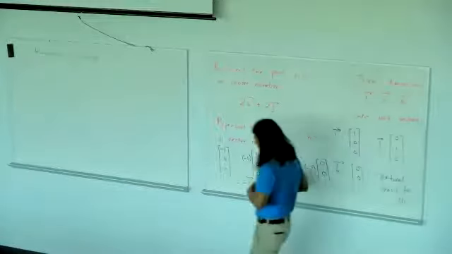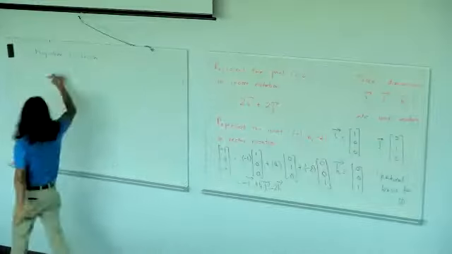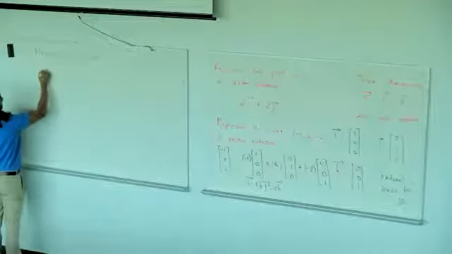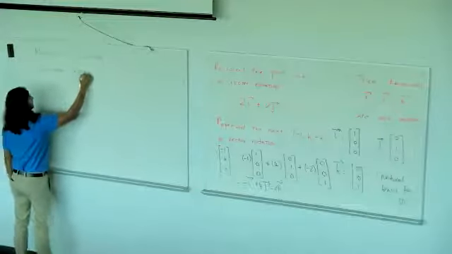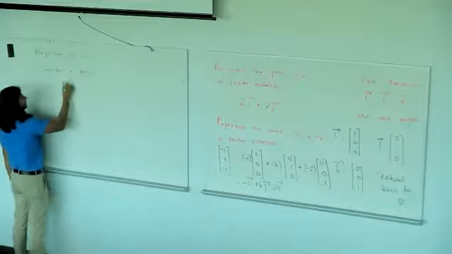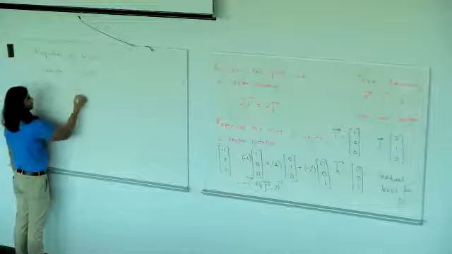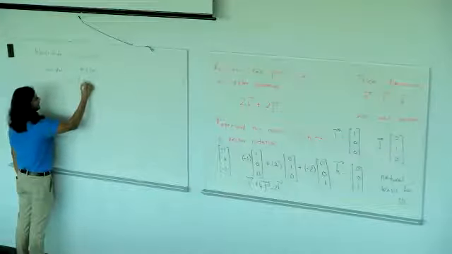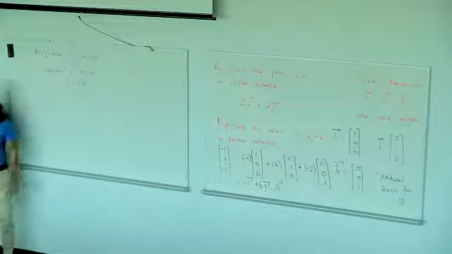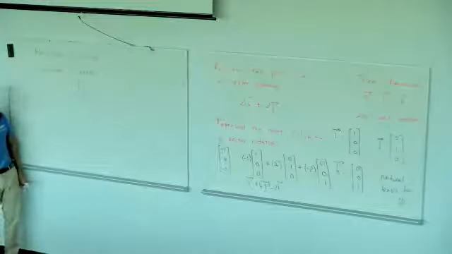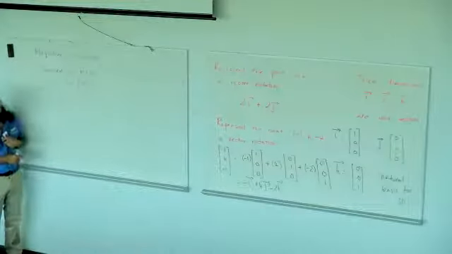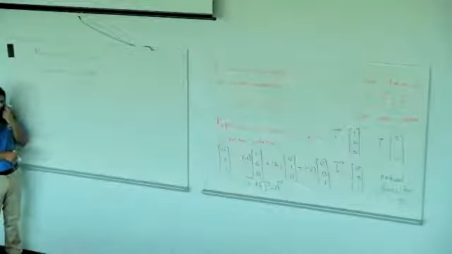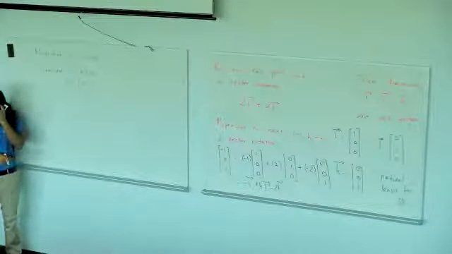Suppose I have a vector V, which is A, B. Good. And in terms of the unit vectors, what would that be?